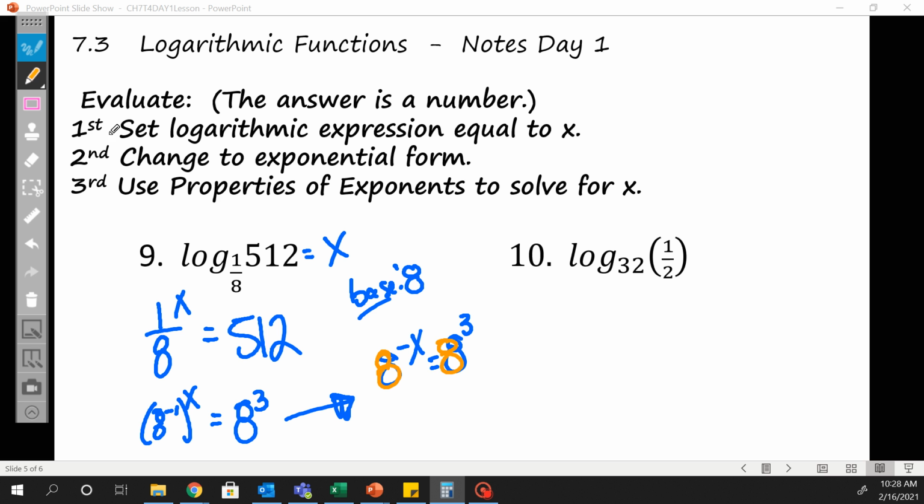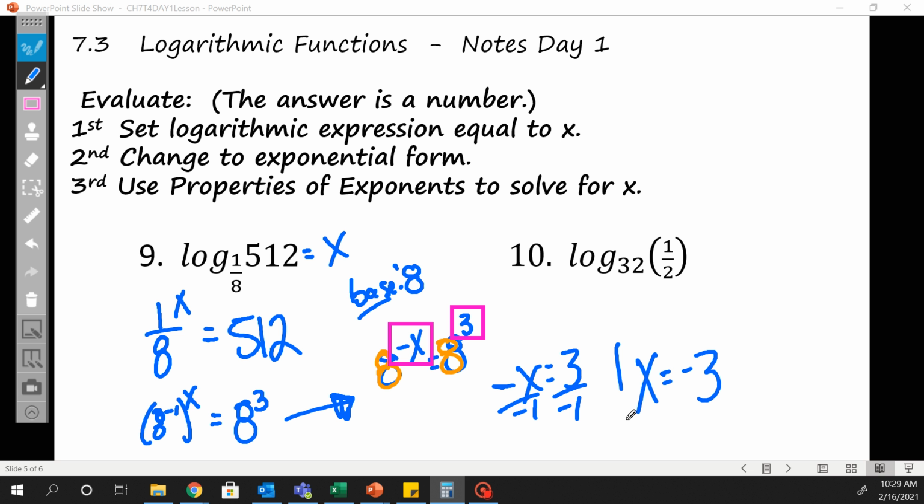I can set the exponents equal to each other, negative x and 3. So negative x is equal to 3. Solve this for x, divide by negative 1. x is equal to negative 3. So let's go back here. Log with the base of 1 over 8 of 512 is equal to negative 3.